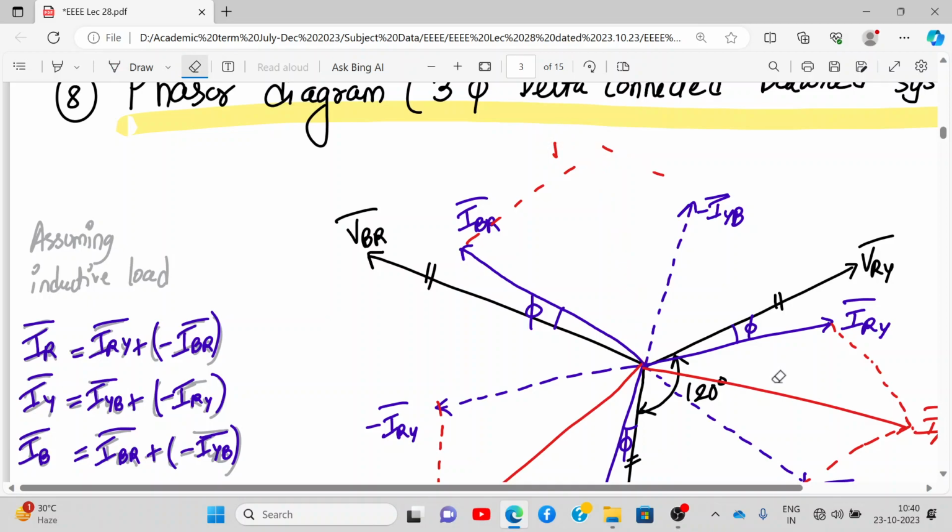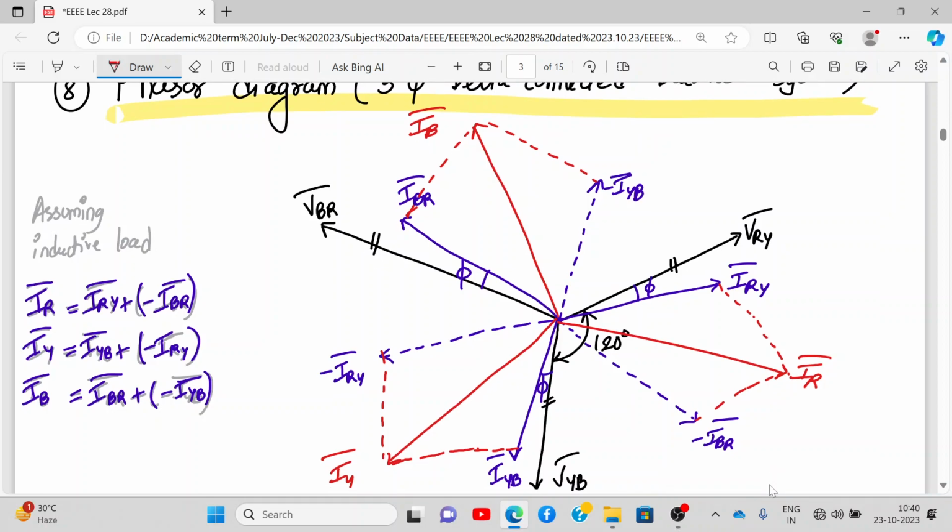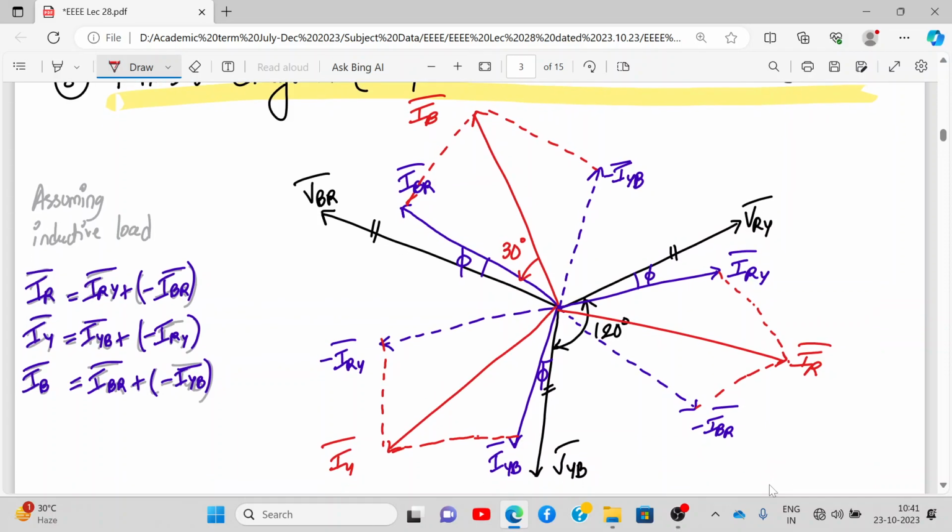I will draw a little steeper, but it will be a vector sum of this only. So this is IB bar. All right. And what is the angle between line current and phase current? 30 degree. So this is my phasor diagram for three-phase delta connected system.